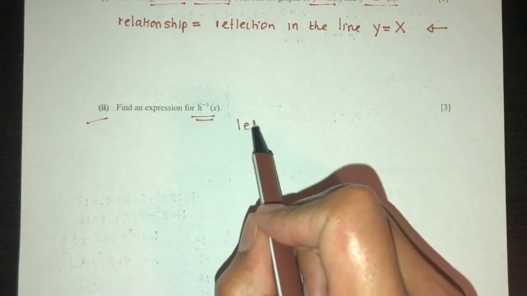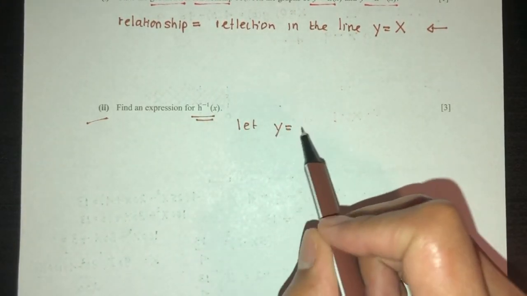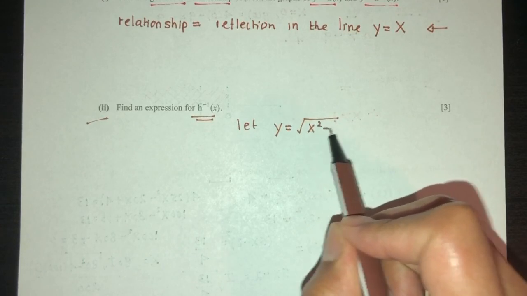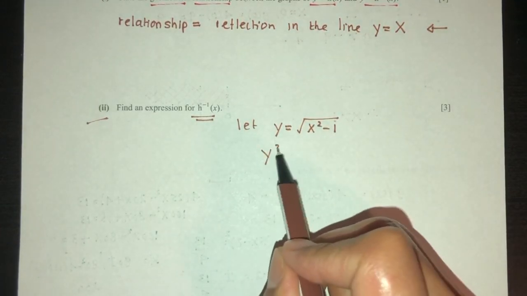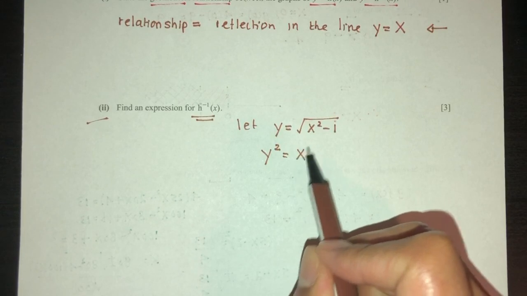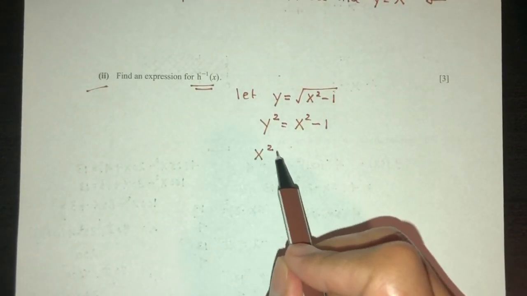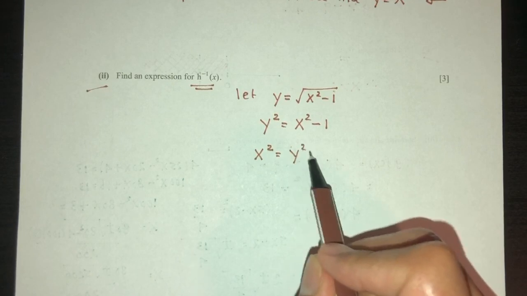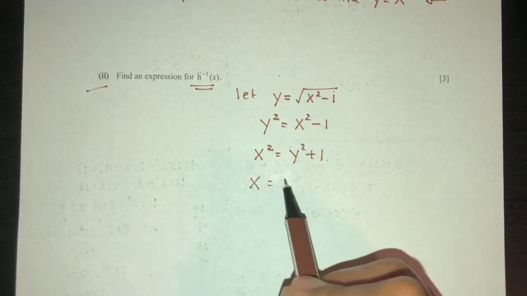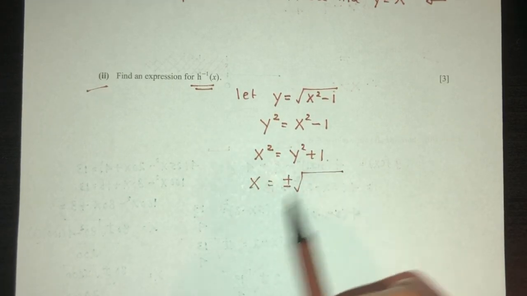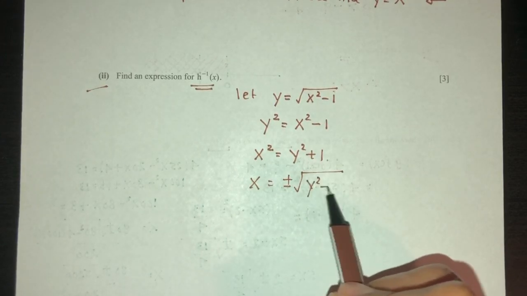So first step is to let y equal to h of x, which is this. Then that will be y squared equal to x squared minus 1. We have to make x become the subject of formula. You will have plus 1. X will be plus minus root of y squared plus 1.